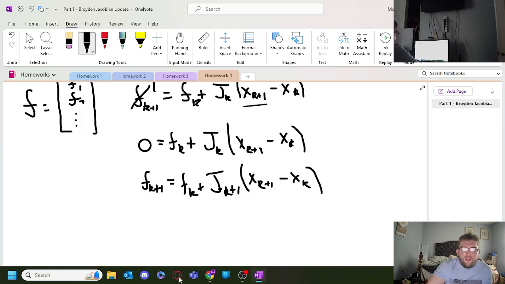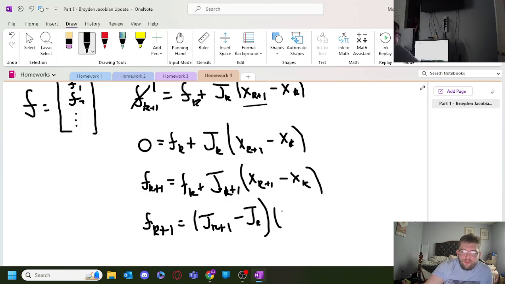So, now if you look at it, we have a system of equations we can solve. So if you subtract the second equation from the first, we get f sub k plus 1. F sub k is canceled out. And then what we're left with is the Jacobian k plus 1 minus the original Jacobian multiplied by the change in x.